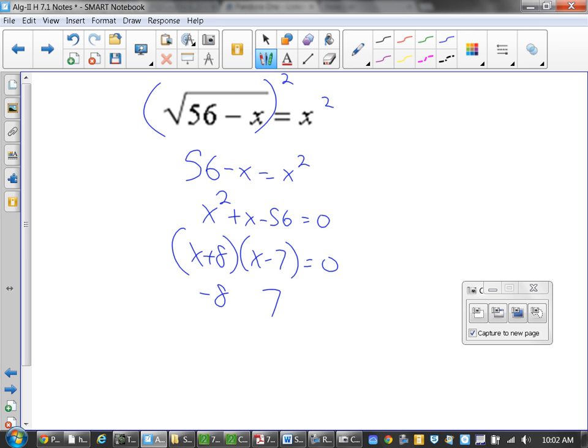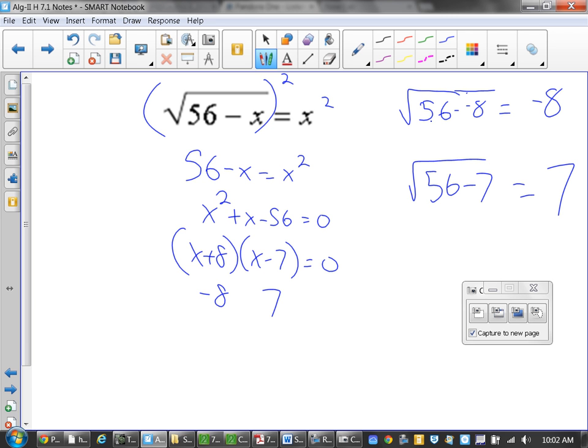So when I substitute them in, there's only 7. Does the square root of 56 minus -8 equal -8? Square root of 56 minus 7 equals 7.